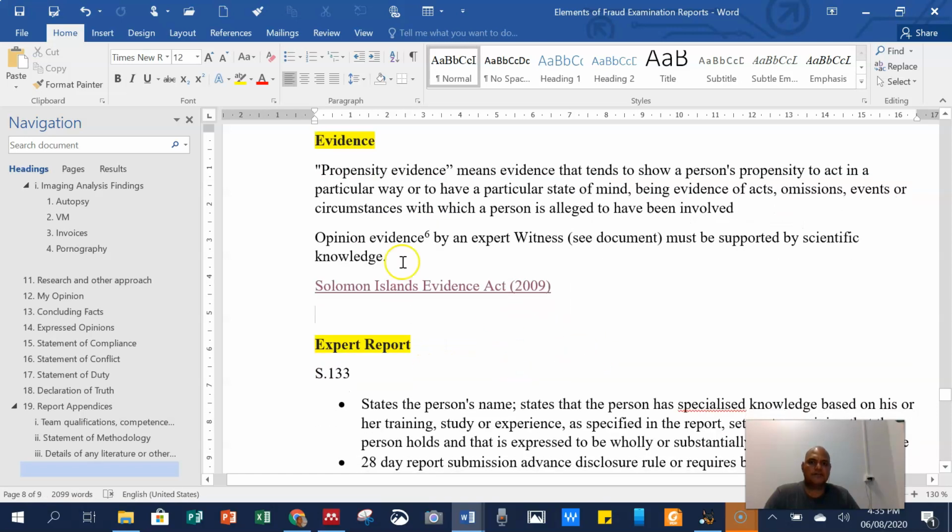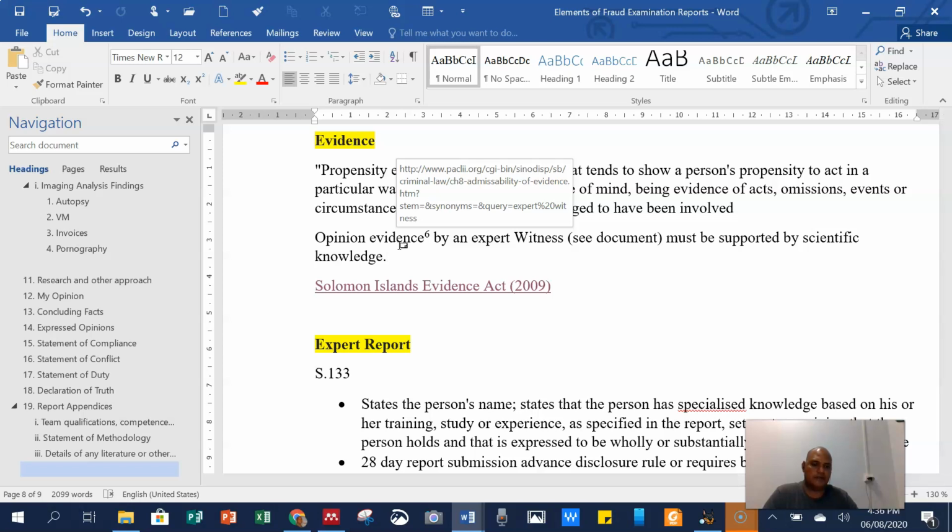And also there is another definition: opinion evidence by an expert witness, so it must be supported by scientific knowledge. So we try to understand scientific knowledge by understanding the way information is gathered.